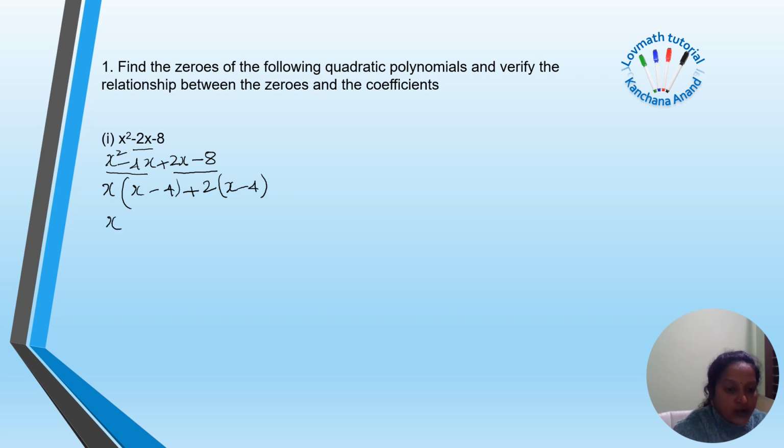Therefore the factors are x minus 4 and x plus 2. So the value of the equation becomes 0 when we substitute x is equal to 4 and x is equal to minus 2.